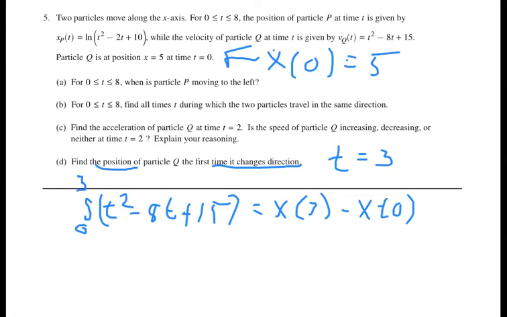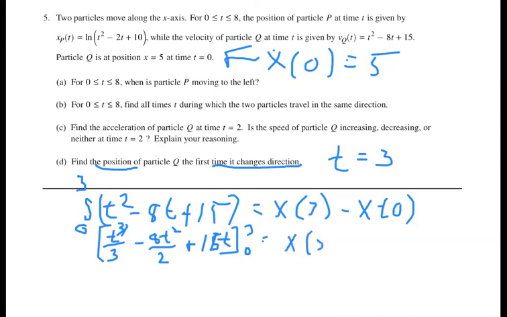So the integral over here is going to be t cubed over 3 minus 8t squared over 2 plus 15t, and x of 3 is what we're looking for. And we know from the given up there at the top that x of 0 is 5.